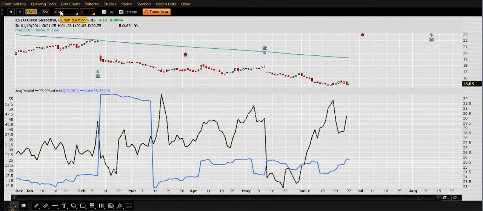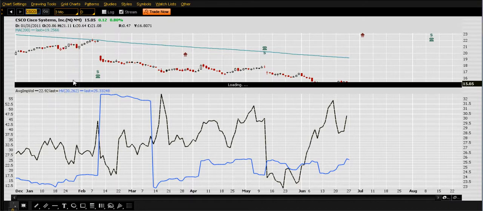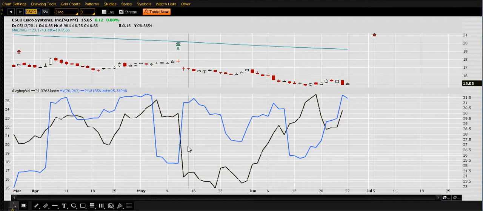Now, what we can do to manipulate people, I'm going to say it as it is. Let's say I want to trade an option and it's going to expire in 3 months. Go to the 3-month chart and take a look at the volatility.